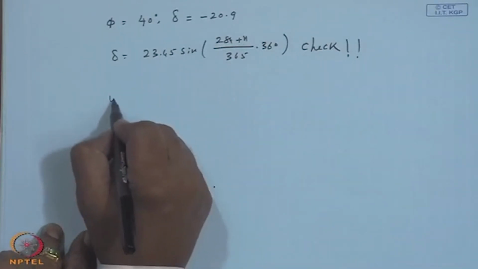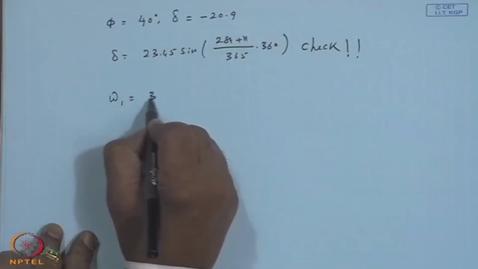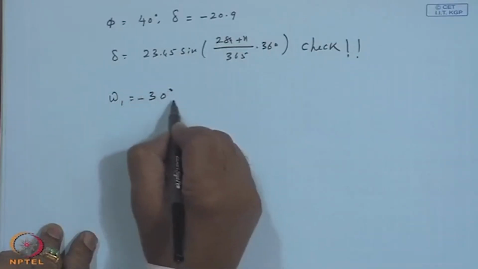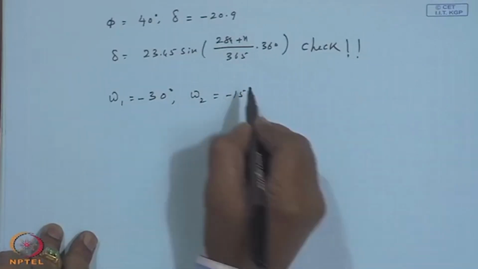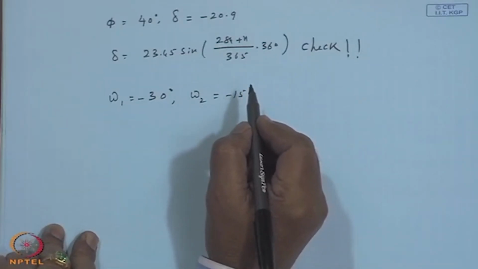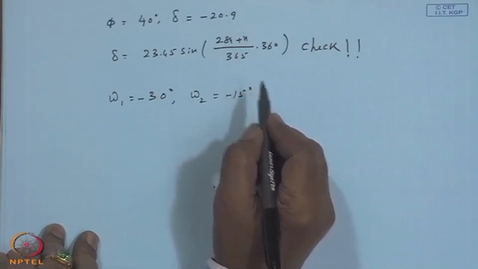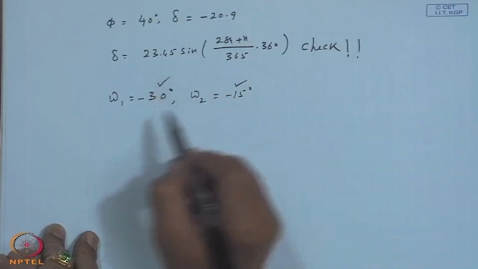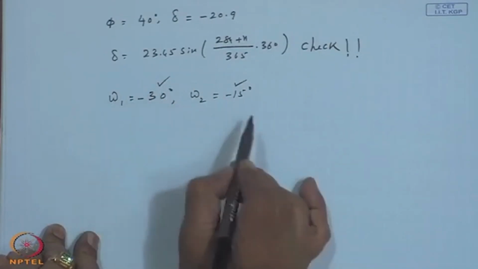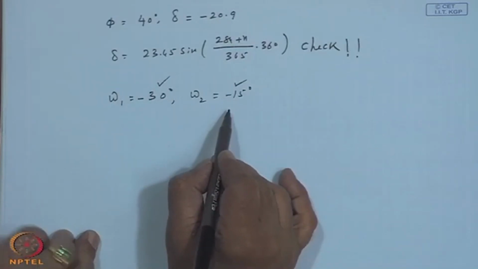So, omega 1 will be minus 30 degrees and omega 2 is minus 15 degrees. So, the time is 10 to 11. 11 o'clock will correspond to minus 15 and 10 o'clock will correspond to minus 30. So, omega 1 is minus 30 and omega 2 is minus 15.